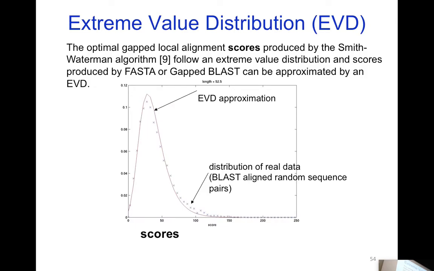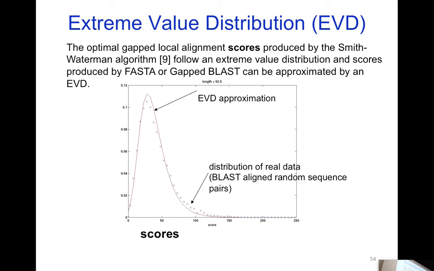Alright, so back to our quest to generate this e-value. Now we know what we want: something that indicates how likely it is, but how do we actually get to this? The nice thing is that the extreme value distribution, which is a well-known distribution with good references such as the Wikipedia page, approximates quite well the expected distribution of scores of sequences that are randomly aligned.